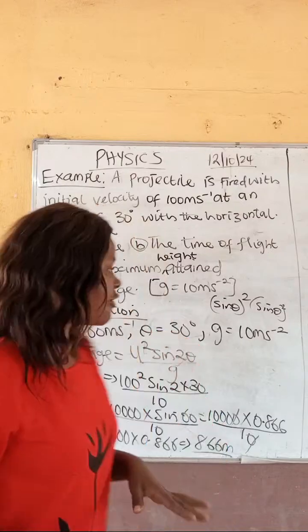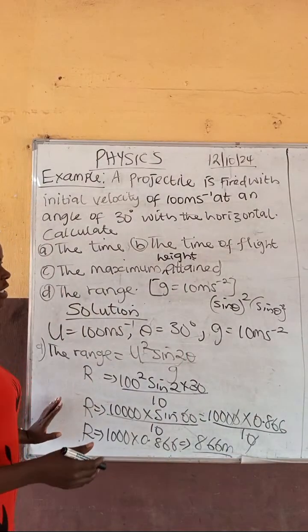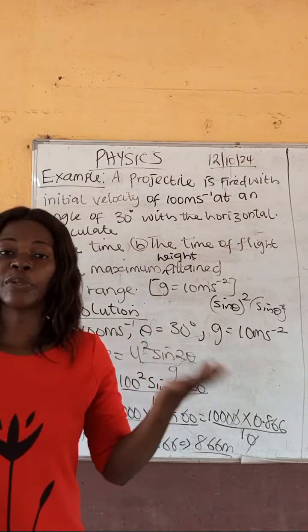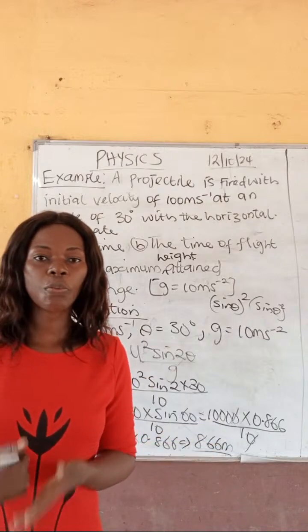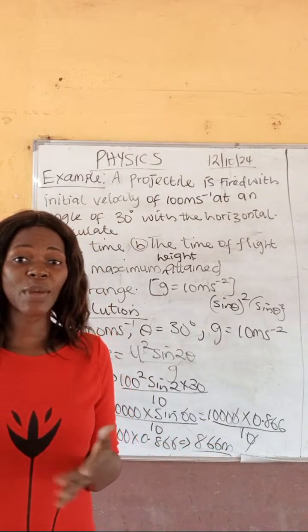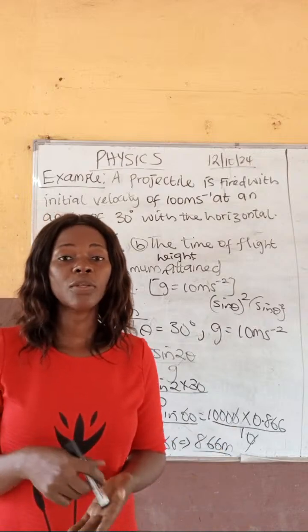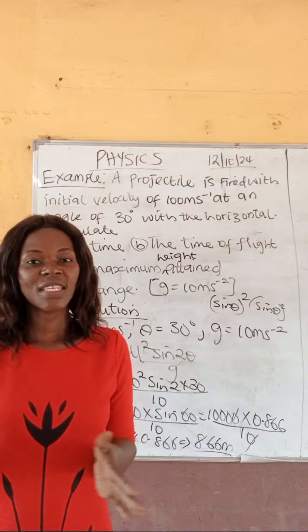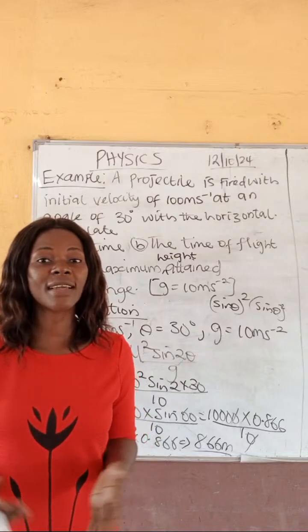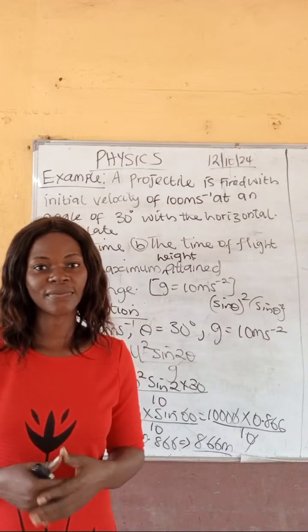If you are working on the normal projectile or vertical projectile or horizontal projection, you should know which particular one the examiner expected you to know, so that you can know how to tackle the problem and get your answer correctly. So the next thing we're going to do now is vertical projection.